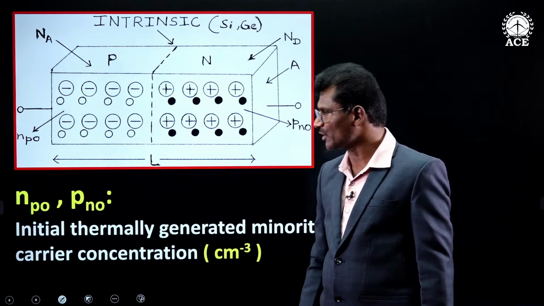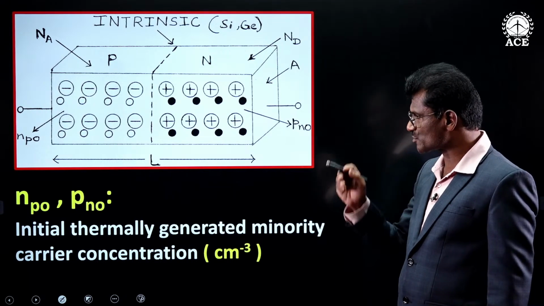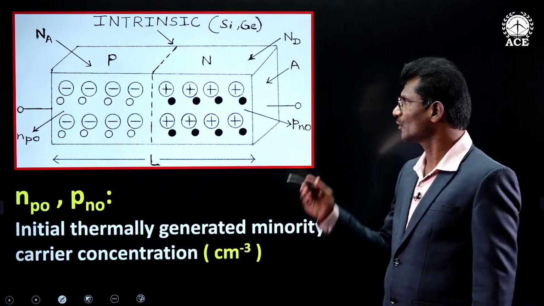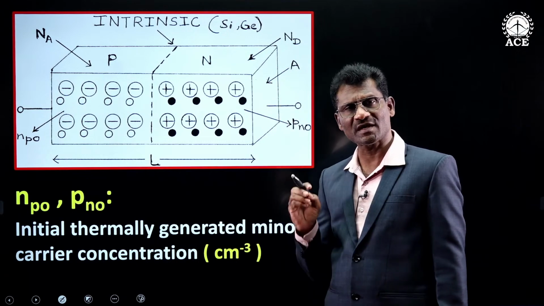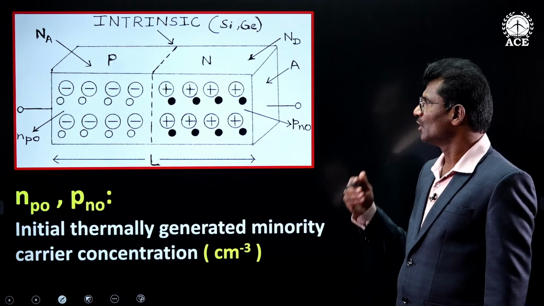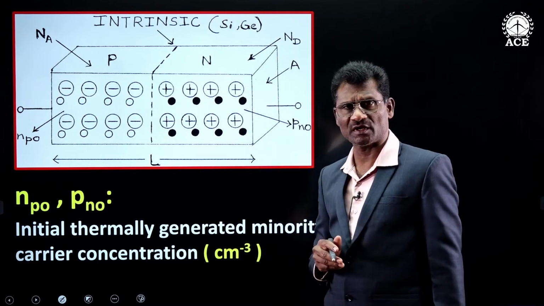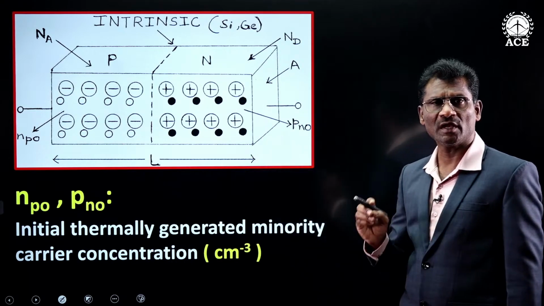Now we move on to something called as NP0 and PN0. Some explanation is required for this NP0 and PN0. Now, when we are looking at this diode, it is being considered at room temperature. So due to room temperature, in the complete of this PN diode, electron hole pair generation will occur.